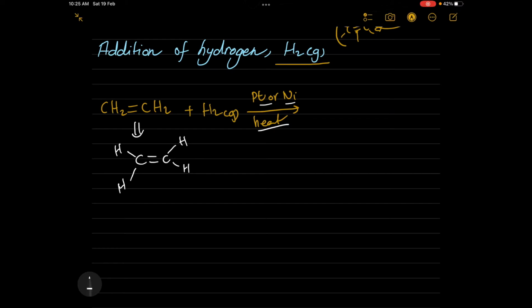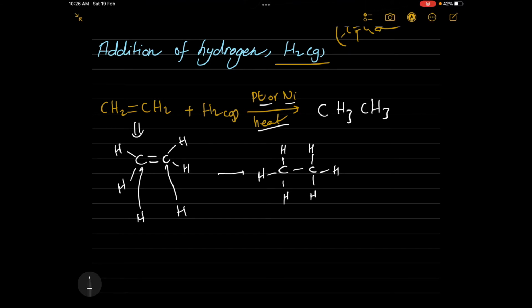If you want to add hydrogen, we have two hydrogens, right? Each hydrogen will bond to each carbon in here. So the product will be C, and we have three H's around like this. Here we have hydrogens, hydrogens, hydrogens. We can write that in this form, CH3-CH3. Okay, so this is the addition of hydrogen.